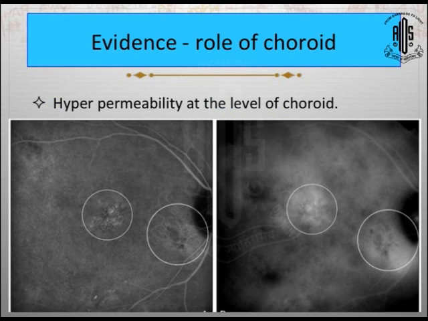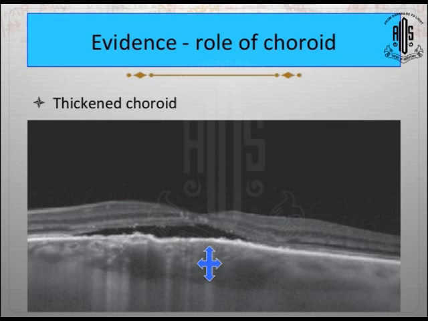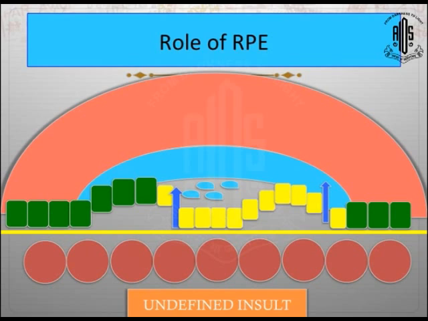So this was kind of an evidence for the choroidal theory, that is hyperpermeability at the level of the choroid. You can see in ICGA there is a clear-cut hyperpermeability of the choroid, with clear-cut leakage seen. Again, evidence for the role of the choroid is seen in the SD OCT pictures, in which we can see the thickened choroid as denoted here.